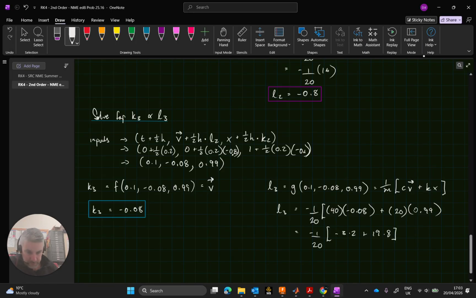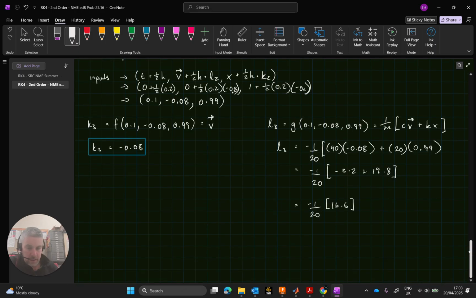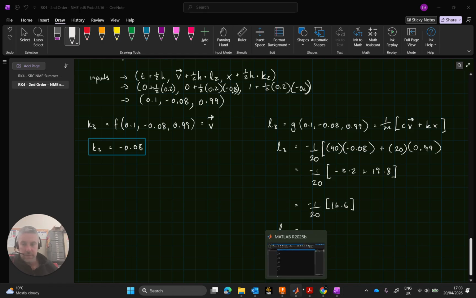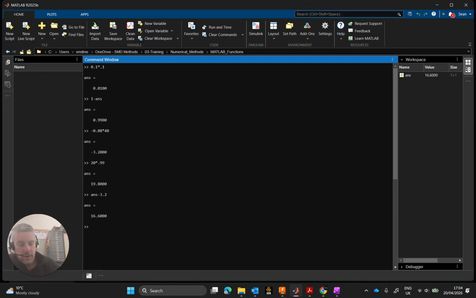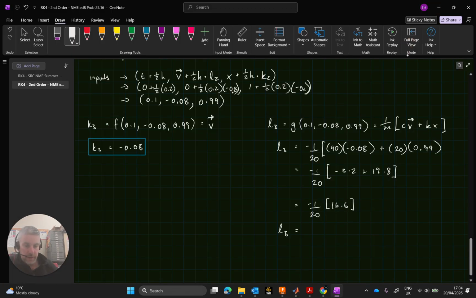16.6. It's equal to minus 1/20th of 16.6. That leaves us with L3 equal to the answer divided by 20, which is 0.83, of course a minus 0.83.